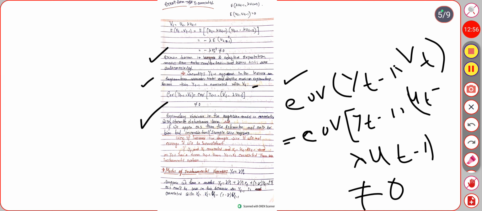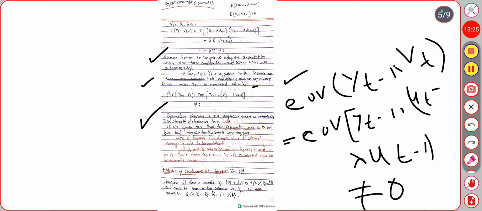Since yt minus 1 and vt are correlated, and vt is equal to ut minus lambda ut minus 1, and yt minus 1 has a term ut minus 1, we can use an instrumental variable here. So ultimately there is a problem of biased and inconsistent results.